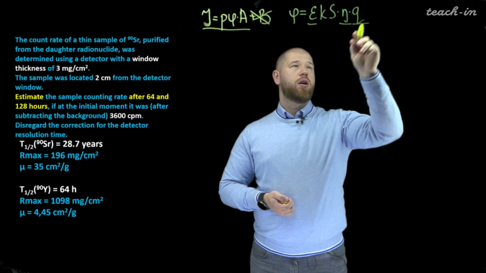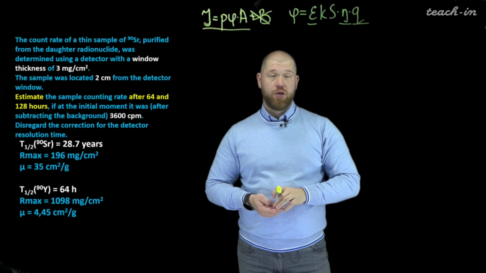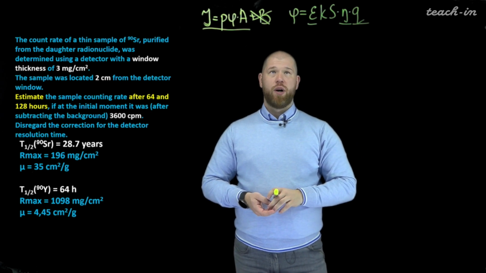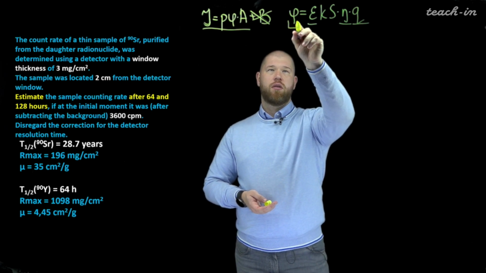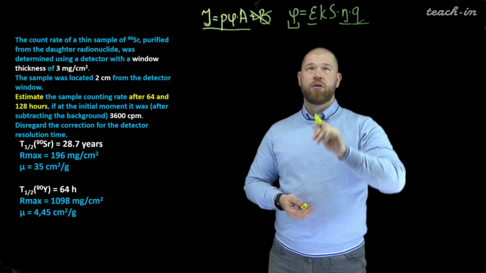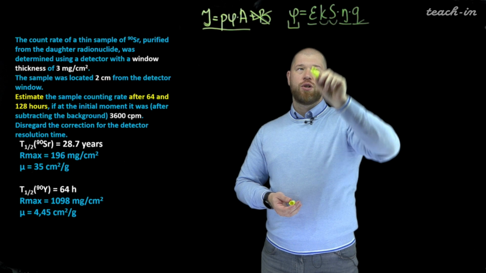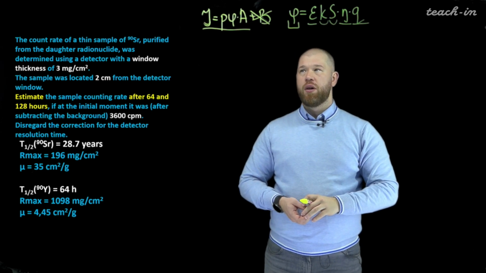And also, we can assume that the backscattering coefficient will be the same, equal to 1. Thus, the whole registration coefficient will depend only on the attenuation coefficient and the self-attenuation coefficient.